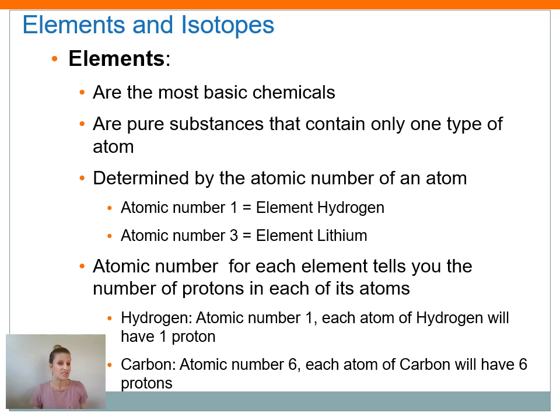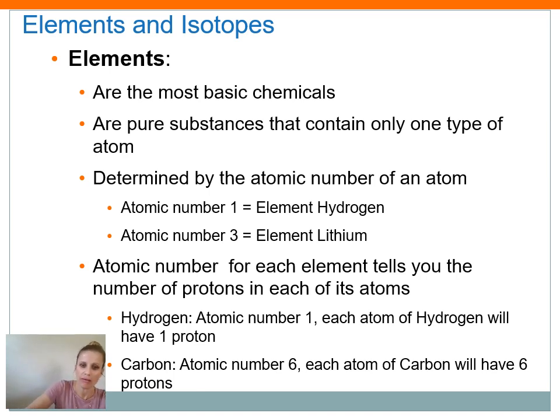In a little bit, we'll see that atoms can change electrons. They can give electrons away. They can take electrons. Sometimes there are different atoms of an element that have a different number of neutrons, but the number of protons is not going to change. If it is hydrogen, it has 1 proton always.